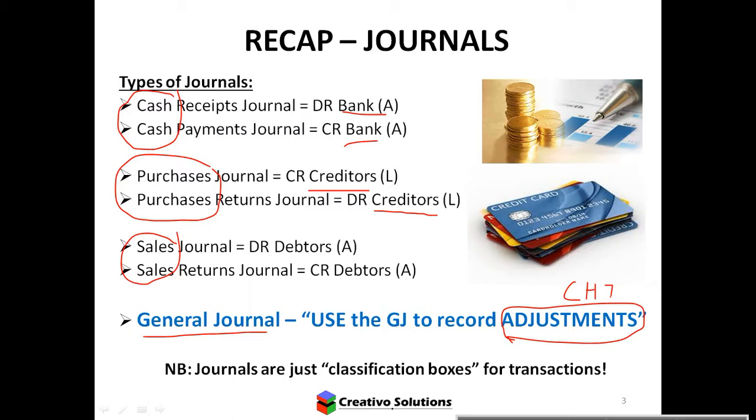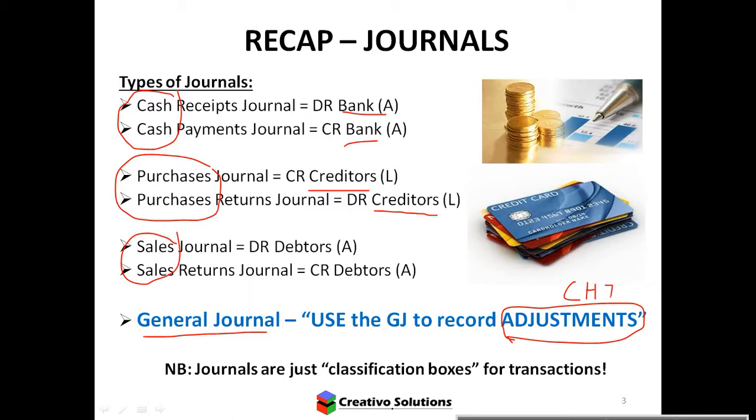Okay. Right, how is the ledger different to the journal? The journals group transactions. What does the ledger do? The ledger analyzes specific accounts. So in the ledger, you'll have like a bank account. In the ledger, you'll have an account for debtors. In the ledger, you'll have an account for creditors.